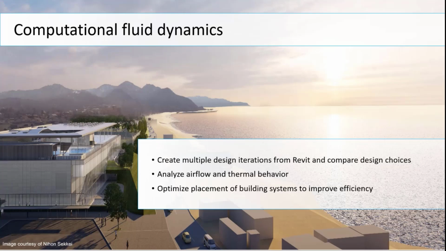And dynamic is not static, right? They're moving, they're rotating, they're changing over time. So that means we would like to know the characteristics of the fluid when they're flowing, when they're turbulent, right? By using the computer to calculate that, that's the meaning of CFD, and create multiple design iterations from Revit and compare design choices.